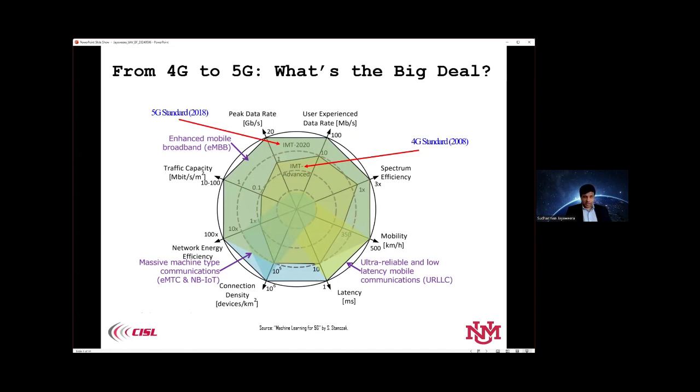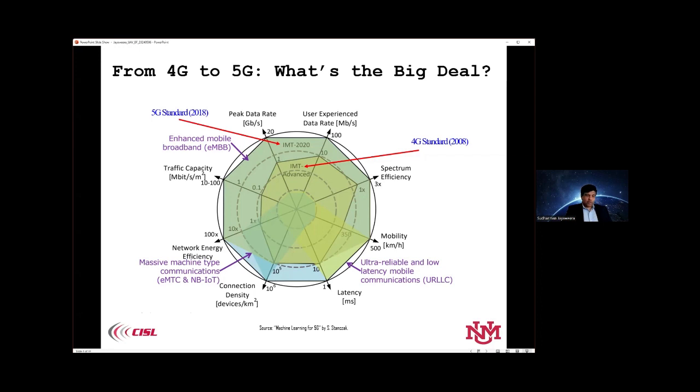In many cases, the performance metrics in 5G were supposed to be 10 times better compared to 4G. For example, the peak data rate was supposed to go from 1 gigabit per second in 4G to about 20 gigabits per second in 5G, and the latency was supposed to go from 10 milliseconds down to about 1 millisecond.